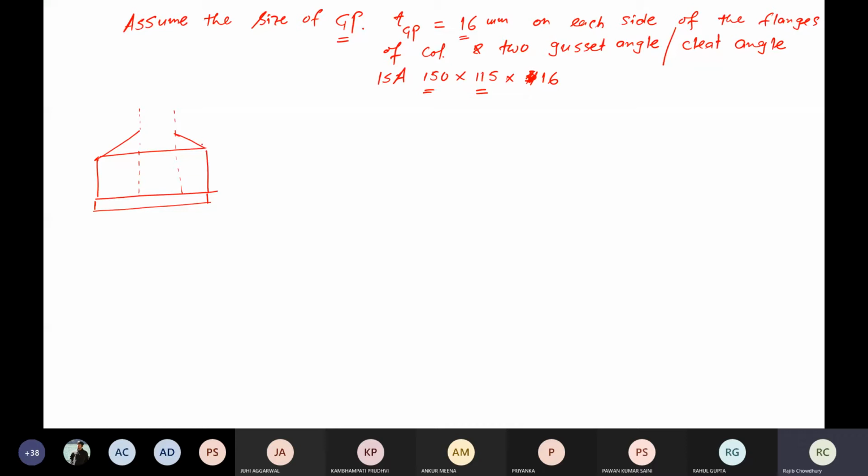Sorry, actually it should be equal in nature.